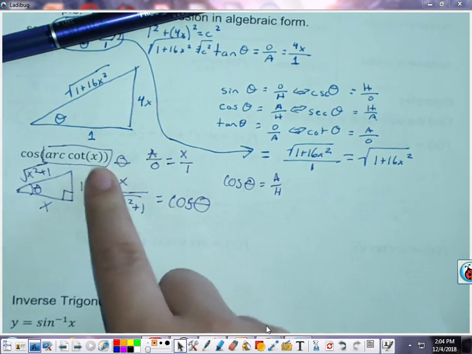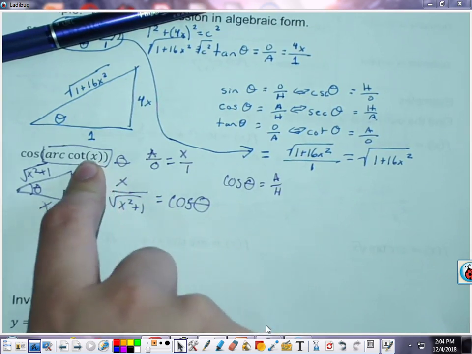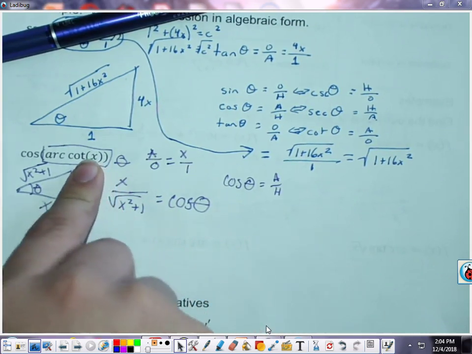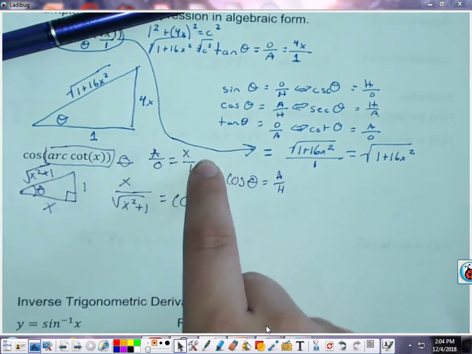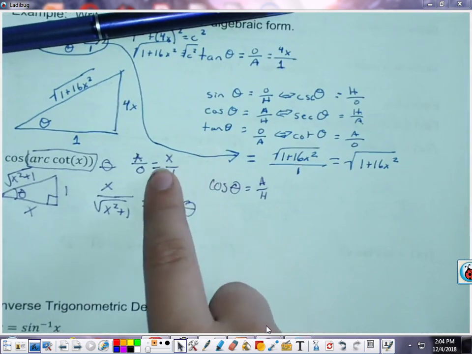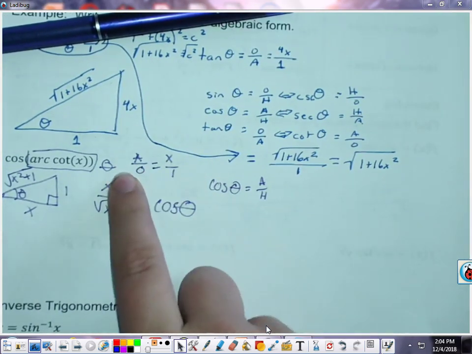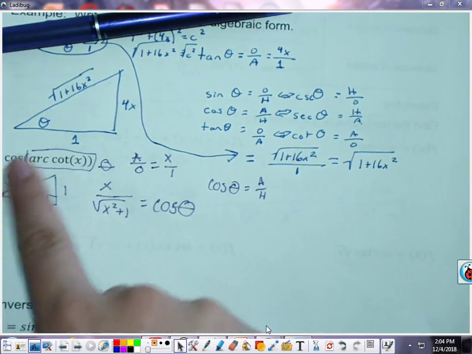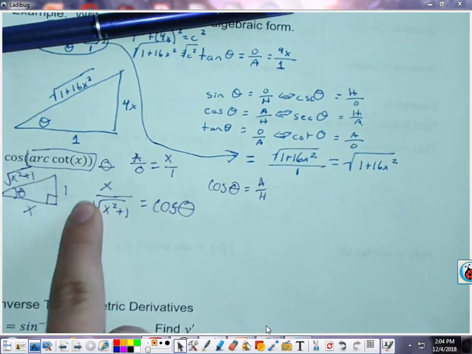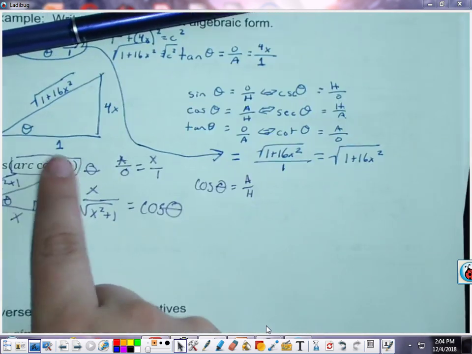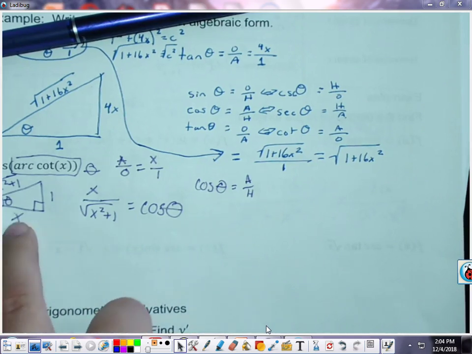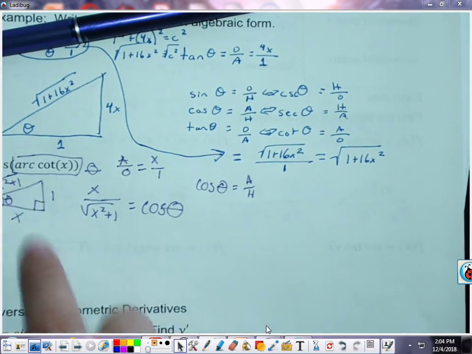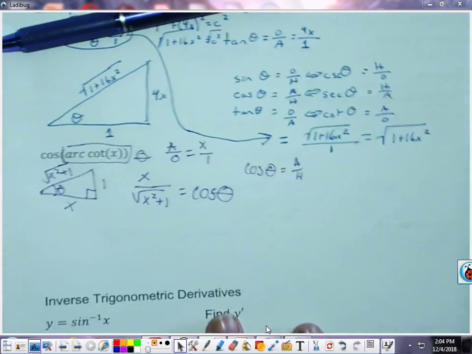Since x is not the angle, x is the other value, it's x over 1, so the adjacent is x and the opposite is 1. Then in my triangle, I found the hypotenuse, which is the square root of x squared plus 1, and cosine is adjacent over hypotenuse, so that's x over the square root of x squared plus 1.